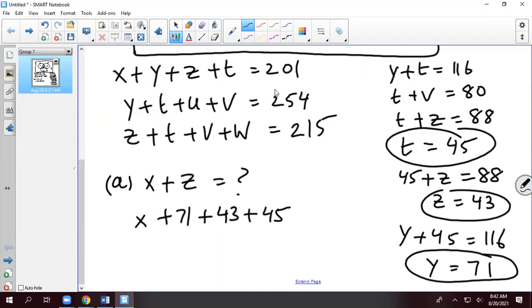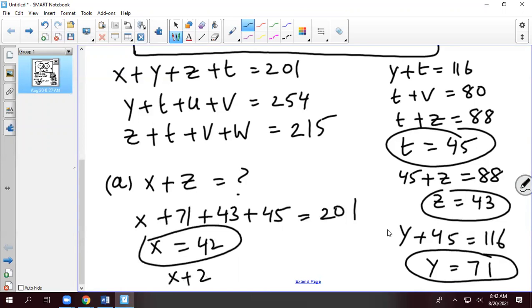When I subtract all three, that's 159, so 201 minus 159 is 42. So X is 42, and now I can find X plus Z, which is 42 plus 43, that's 85.